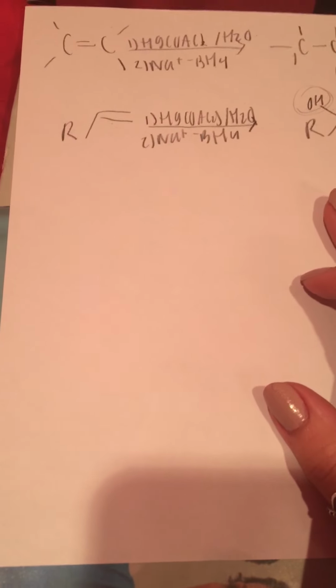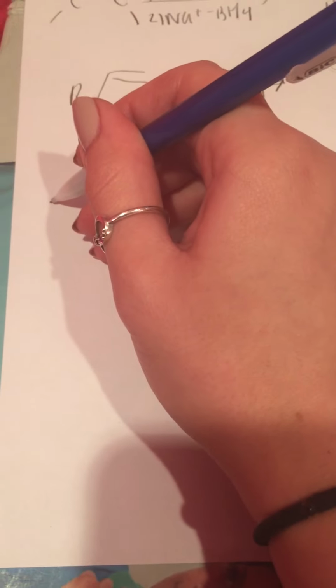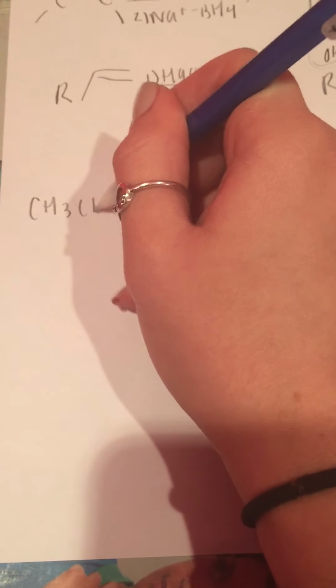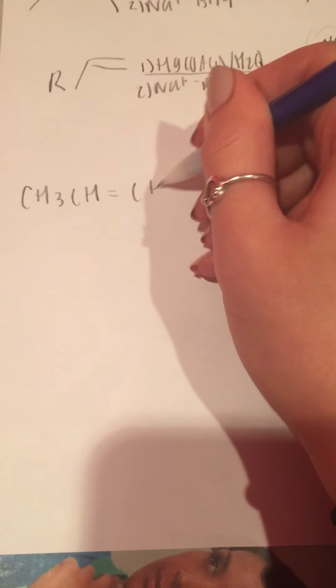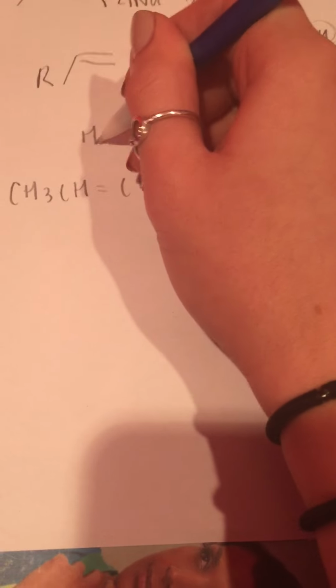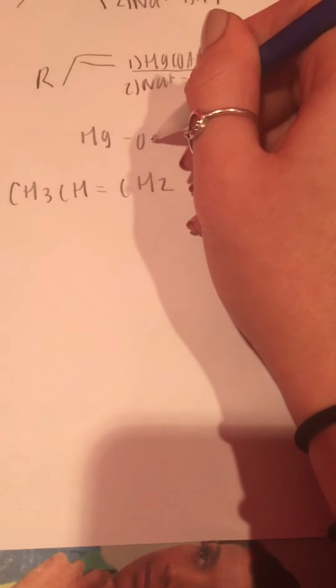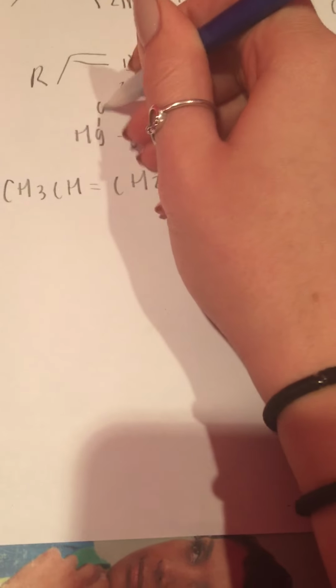So something that helped me really understand how this mechanism works was just rewriting it over and over again and understanding how the curved arrows worked. So I will show an example of that. And here, if you start off with a molecule like this, and you treat it with your mercuric acetate, so there's two of them, and this has a lone pair right here.